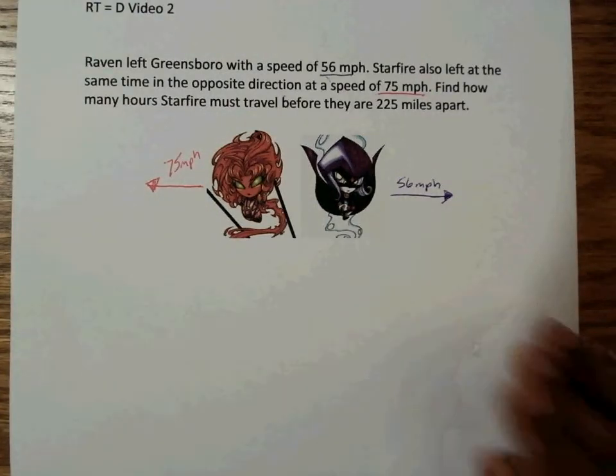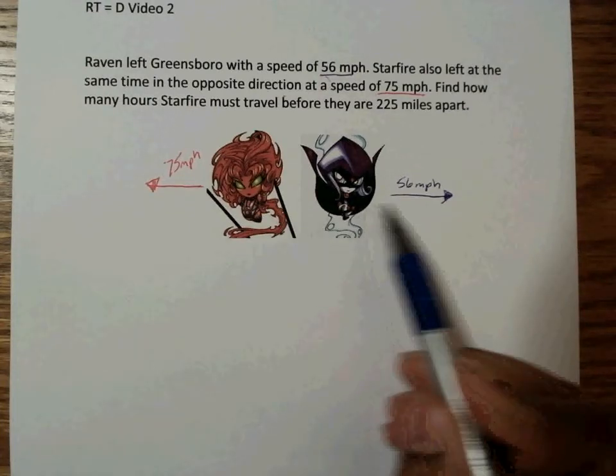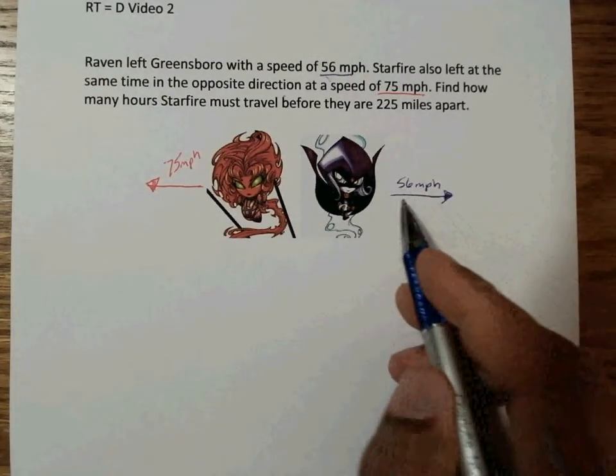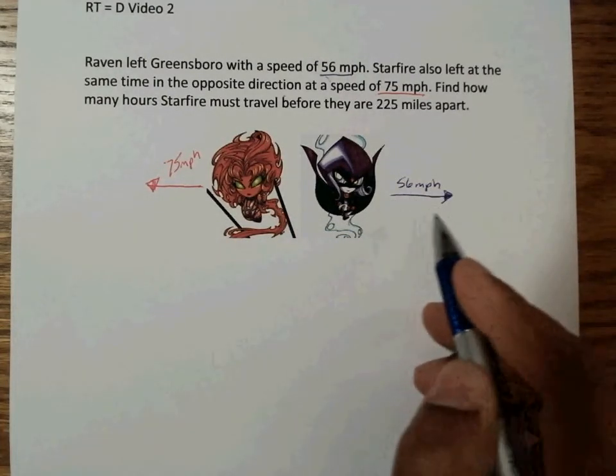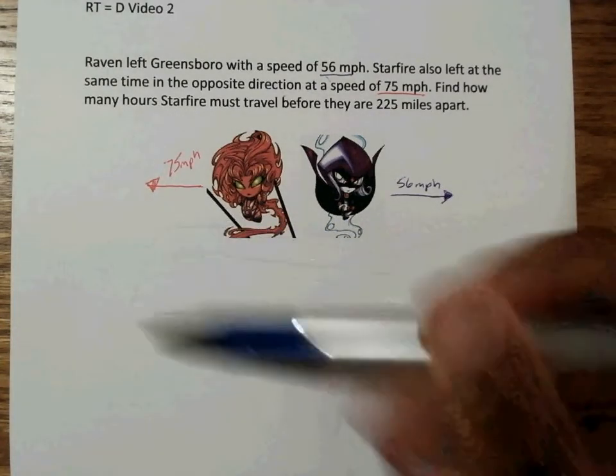Not to spend too much time on the details of what's going on, we have Raven going this way, we have Starfire going this way. As Raven goes this way, she's covering distance, and as Starfire goes this way, she's covering distance.